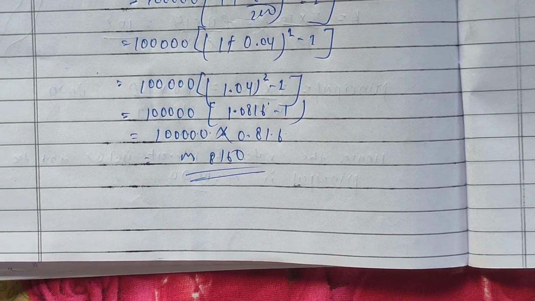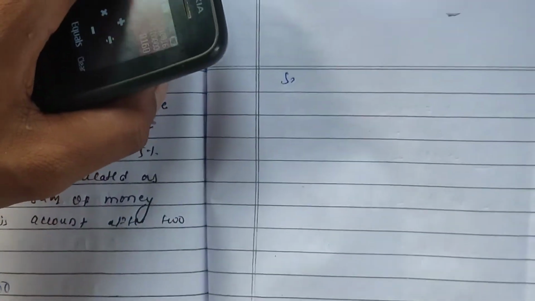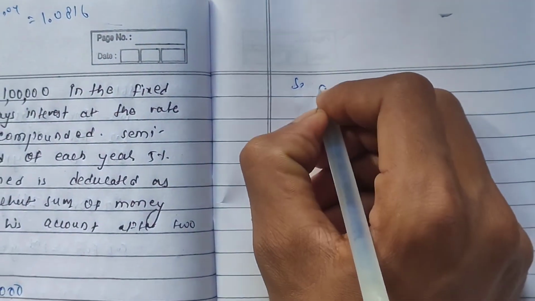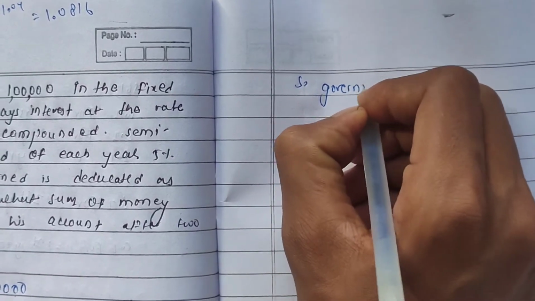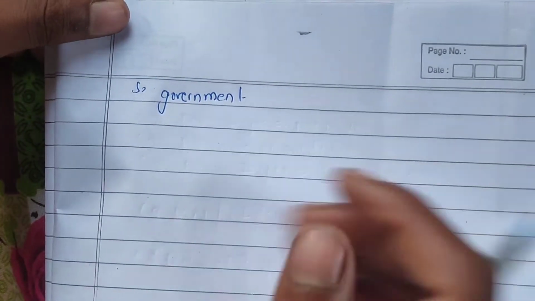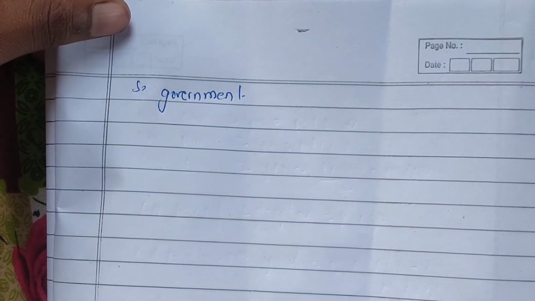Now we have to deduct 5% of this. Okay, so now government tax.